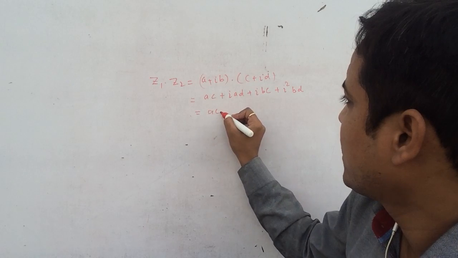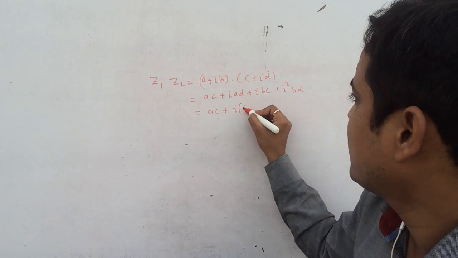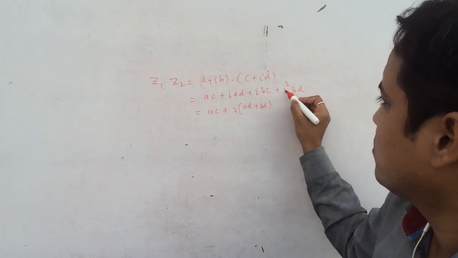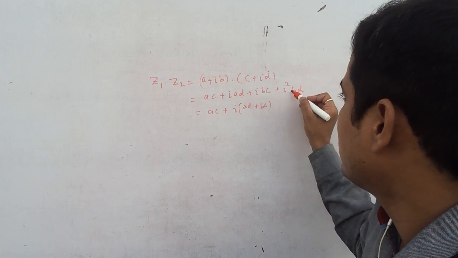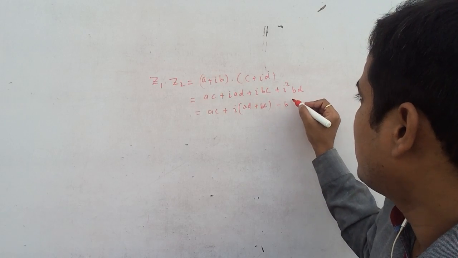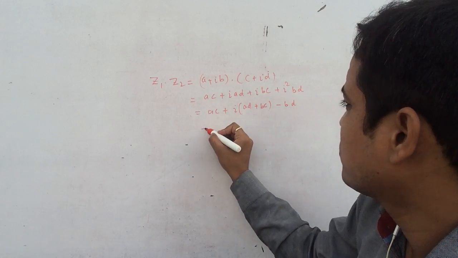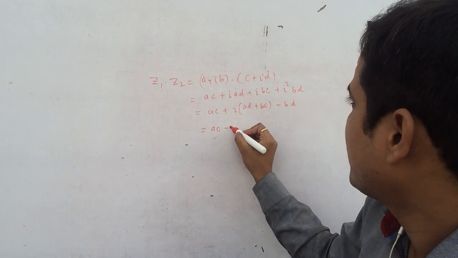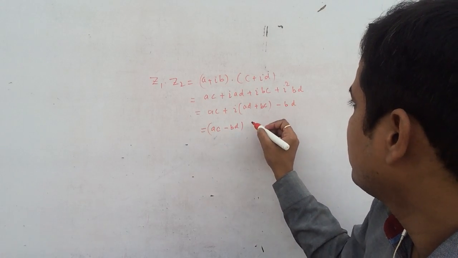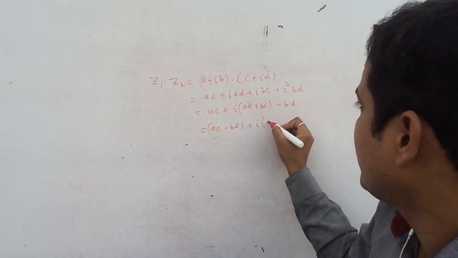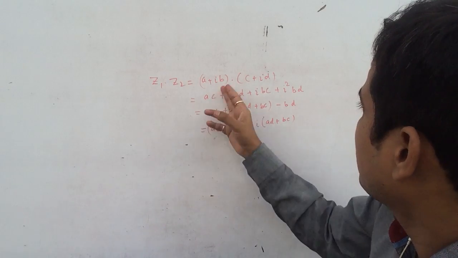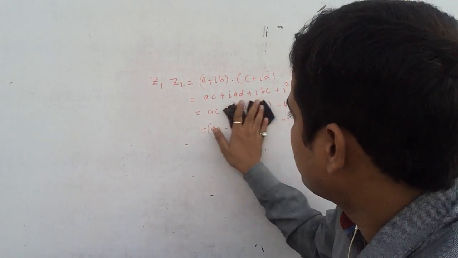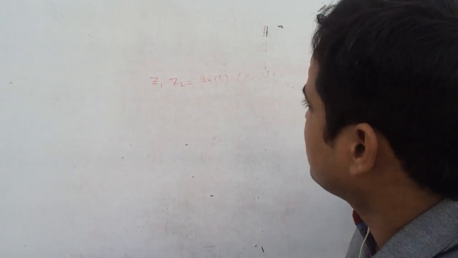As you know, you can take iota common here, ad plus bc, but you know what is iota square? Iota square is minus 1. You can put the value of iota square to get minus bd. Okay, so it would be ac minus bd, all right, plus iota of ad plus bc in this way. Is it right or wrong? I think, yeah, it is right. So in this way you can also find the product of two complex numbers.